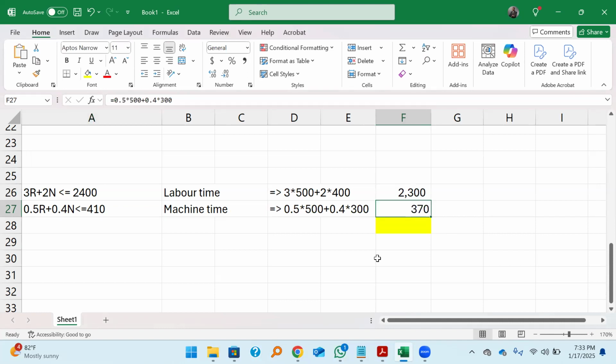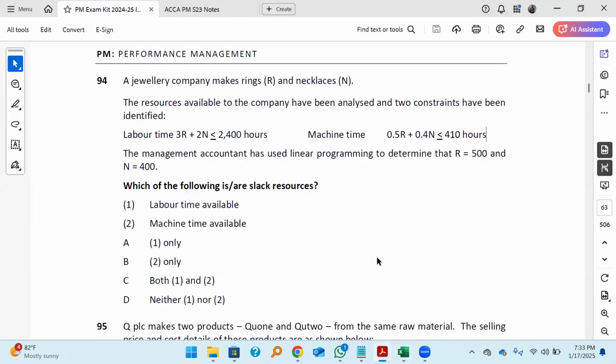Therefore, because they're asking which of the following is or are a slack resource, given that both of them seem to have some slack, we are not utilizing on the dot. Let's just confirm that I use the right figures. R is 500, N is 400.